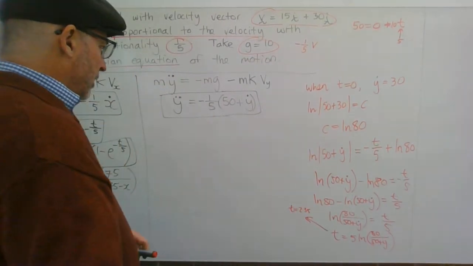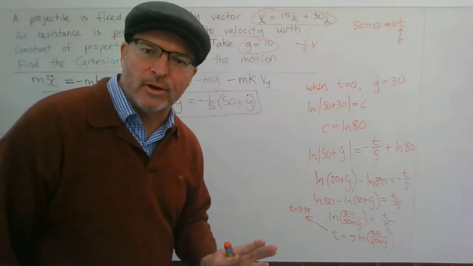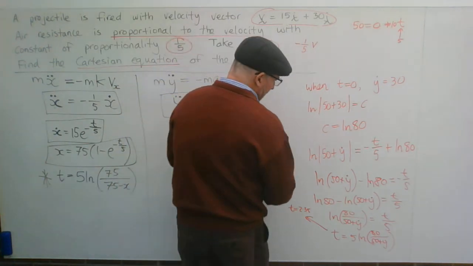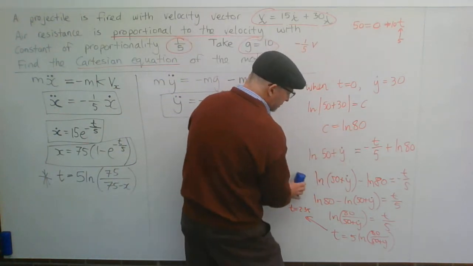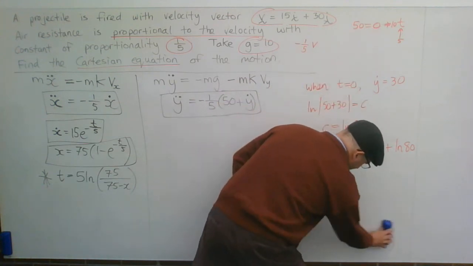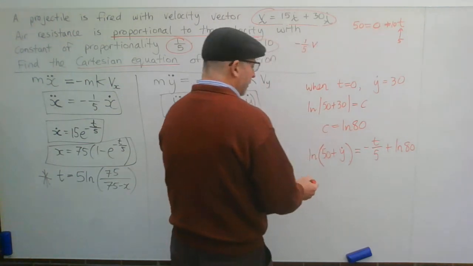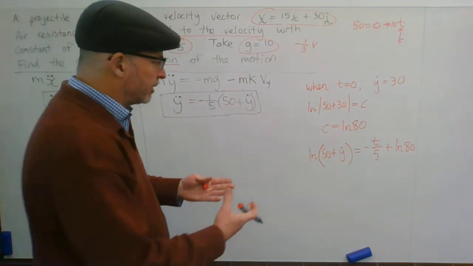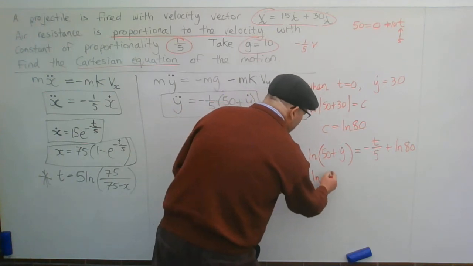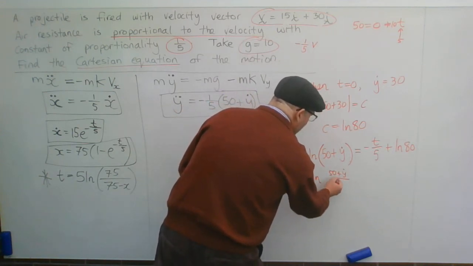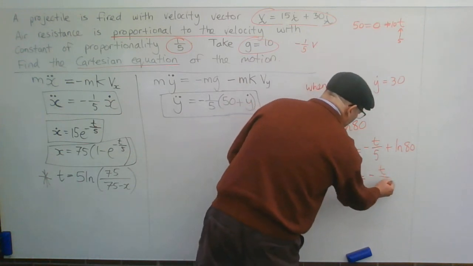So if that's the case, we now need to work out what's y dot, if we can just not worry about the absolute value signs. So how are you going to work out what is y dot? Well, you can go through the same process as we did before. We get the natural log of 50 plus y dot on 80 equals minus t on 5.